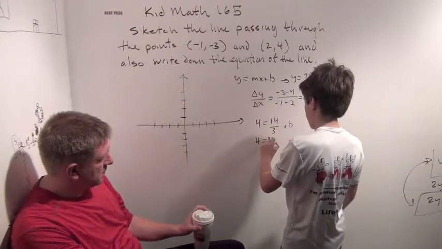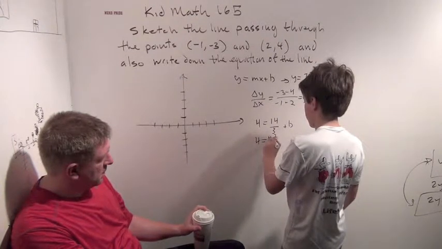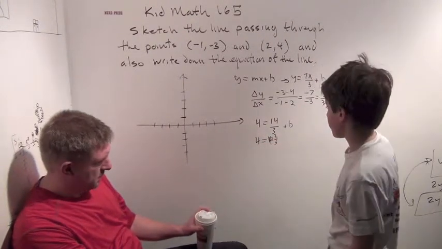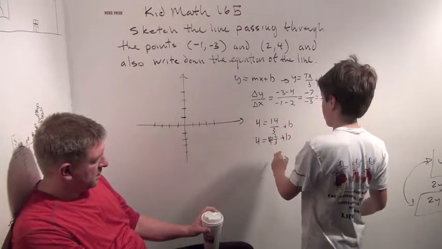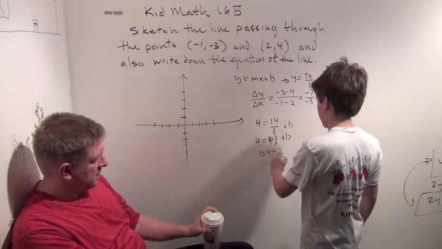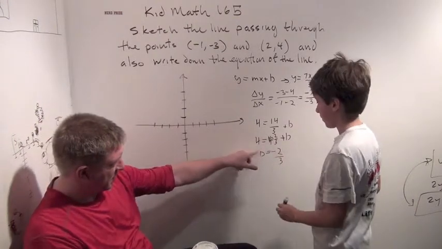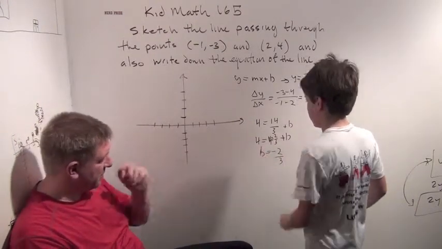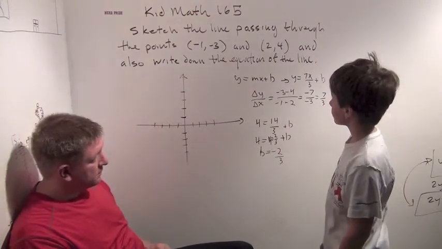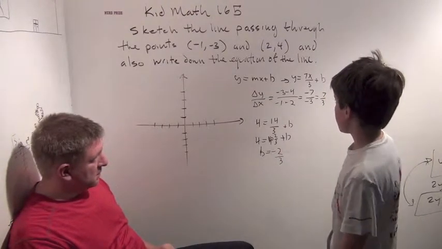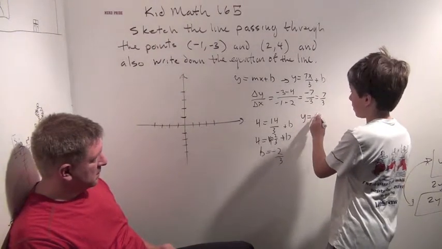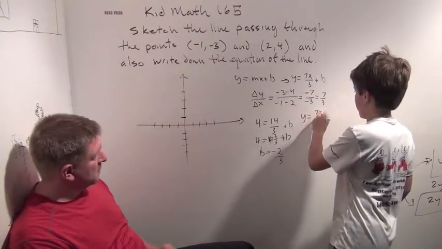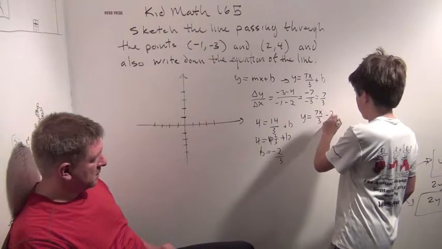It's 4 and 2/3. 4 is 12/3. So b is -2/3. B is -2/3. Okay. So our equation is y equals 7x over 3 minus 2/3.